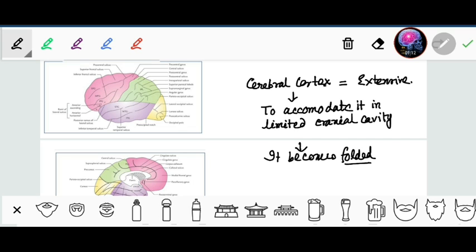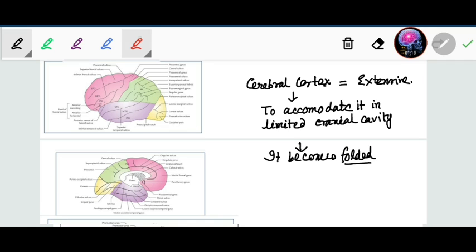In this process of folding it produces numerous convolutions separated by fissures. So the cerebral cortex is getting folded up like this.